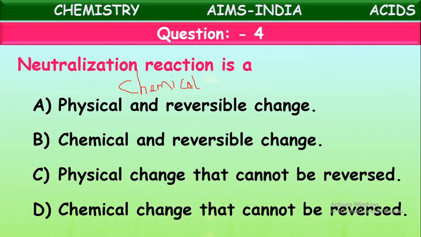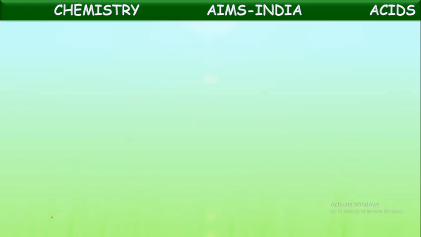One more thing we can say here: neutralization reactions are irreversible, and we also said these are exothermic reactions. So now what is the correct answer? They are chemical changes and they cannot be reversed. These two are correct. Neutralization reactions are chemical changes and irreversible changes.